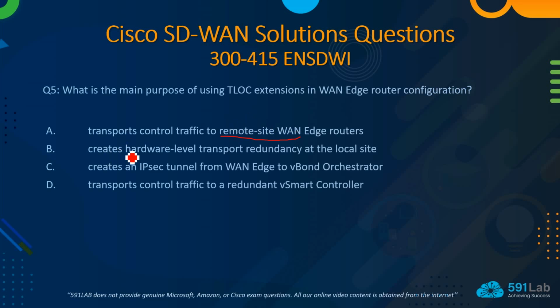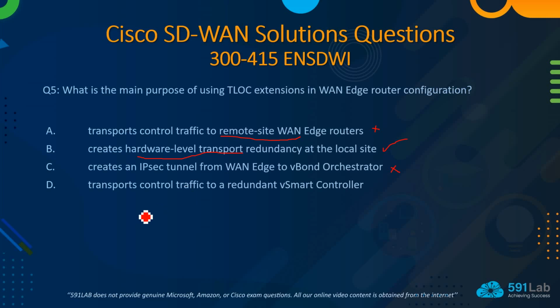Okay, create hardware level transport redundancy at the local site. Yes, this is the local site, and we are extending hardware level by extending the interface, so this is correct. Create an IPsec tunnel from WAN edge to vBond orchestrator. It's not related at all to the vBond, so this is not correct.